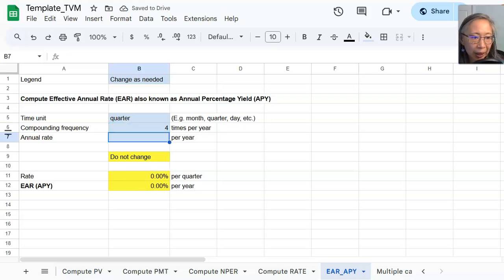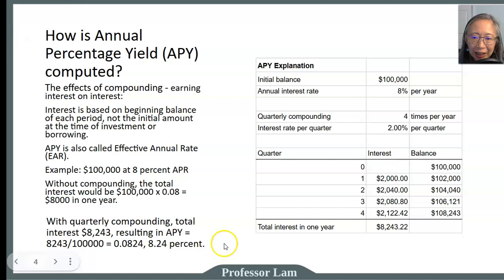And the interest rate we were working with was 8%. And you turn out to be a EAR of 8.24%, the same as what we have computed. So go ahead and try different numbers to see the difference between APR and APY.